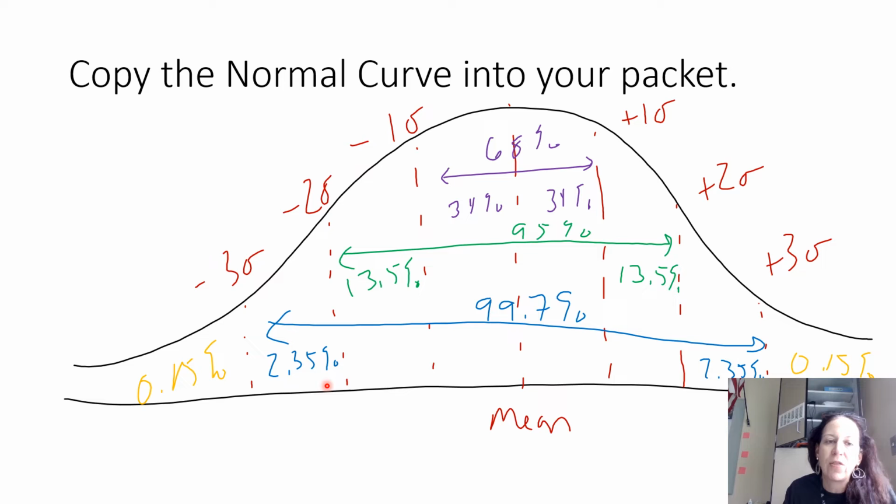This says 2.35 and 2.35. All of these are percents. This is 0.15. That definitely got messy. It's a little bit clearer over here on the right, 0.15%. And these are plus and minus 1, 2, and 3. And then that is the lowercase sigma for your standard deviation. So pause the video if you need to and make sure you get that copied down.